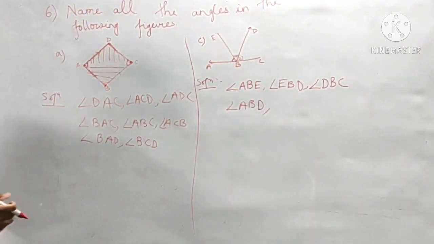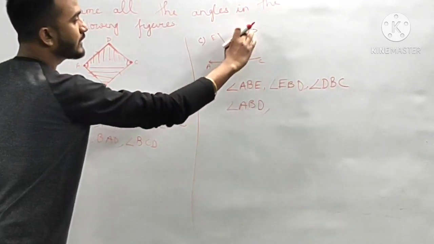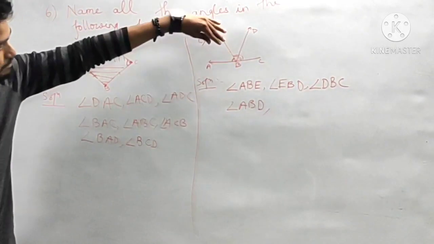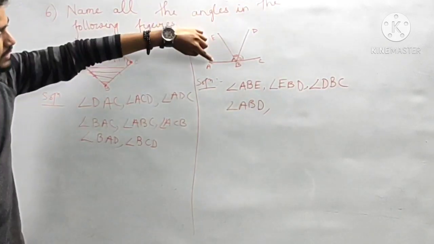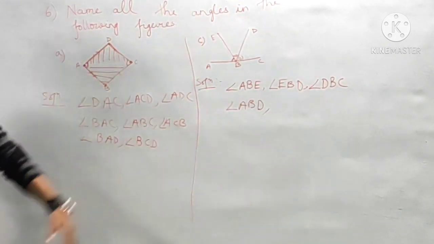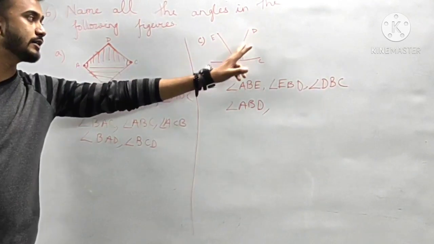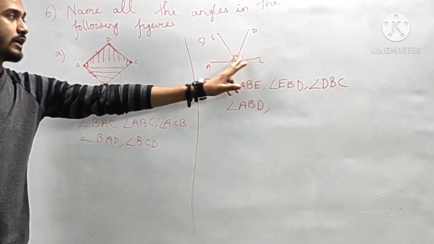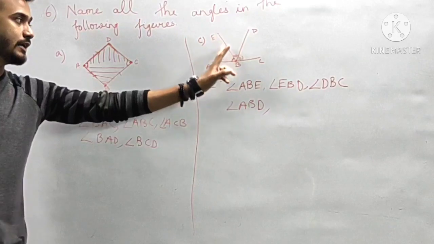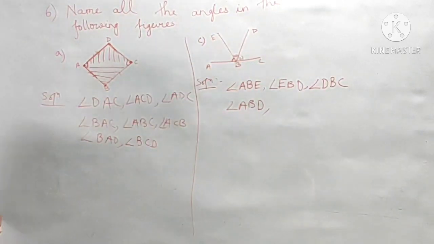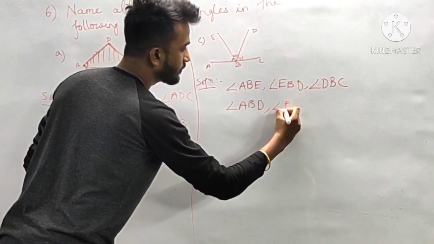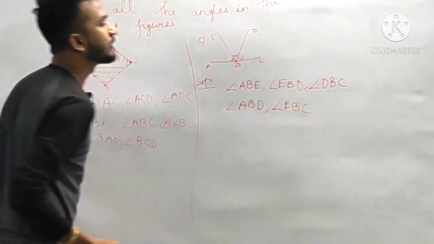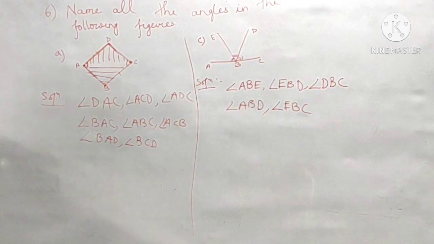Okay. Now we just think that if we hide this BD ray, so can it be one more angle, angle EBC, isn't it? So you see that one more angle will be there, angle EBC.